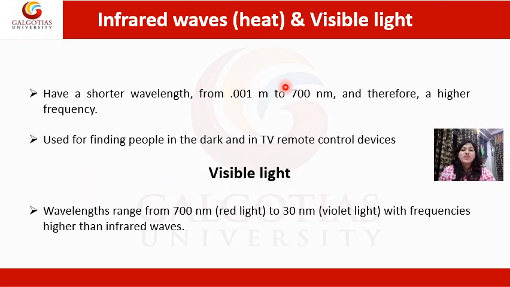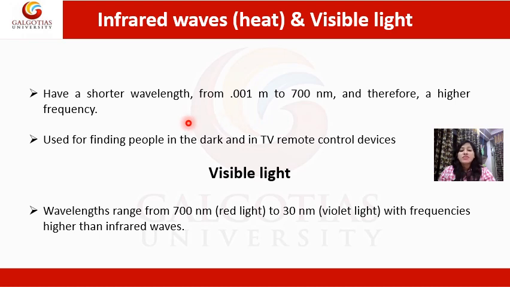Next are infrared waves and visible light. Infrared light lies between the visible and microwave portion of the electromagnetic spectrum. Shorter, near-infrared waves are not hot at all. In fact, you cannot even feel them.